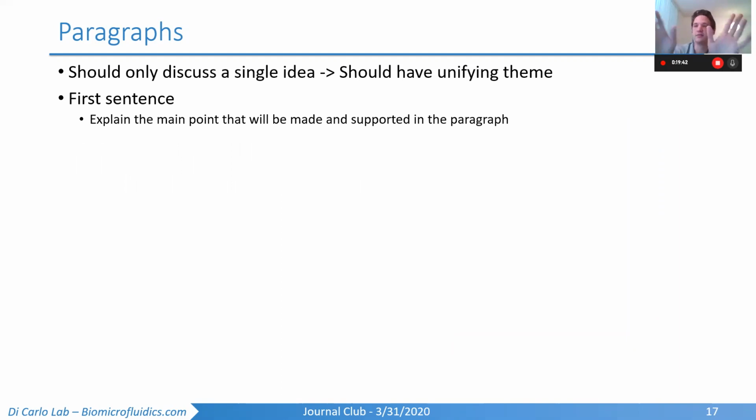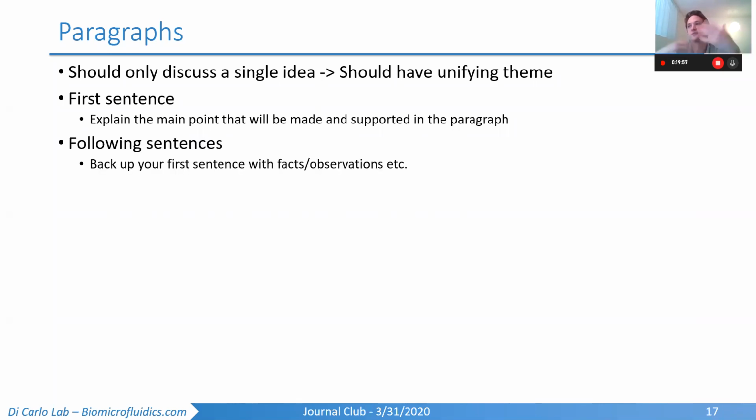A good tip and test for this is to look at the first sentence: you really want to be able to explain what the main point of the paragraph is going to be, and how that's going to be supported by the following sentences. The rest is all just backing up the point you make in your first sentence.